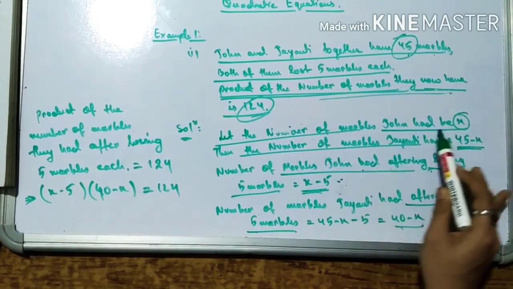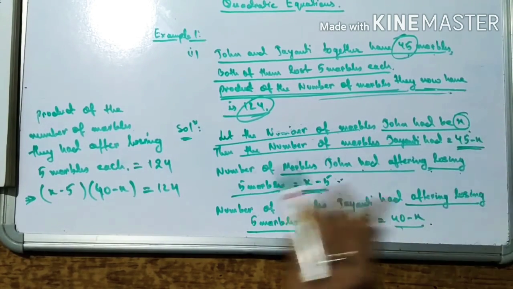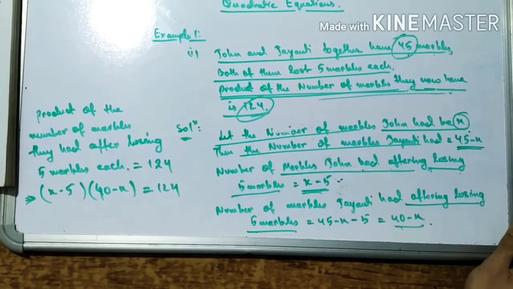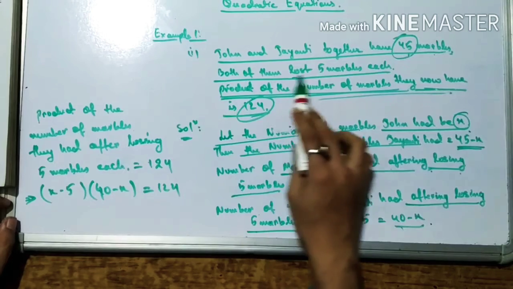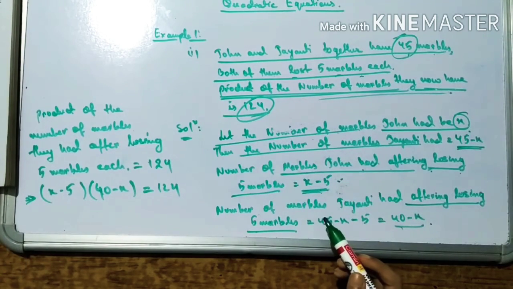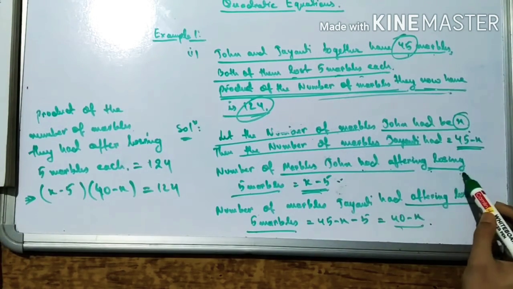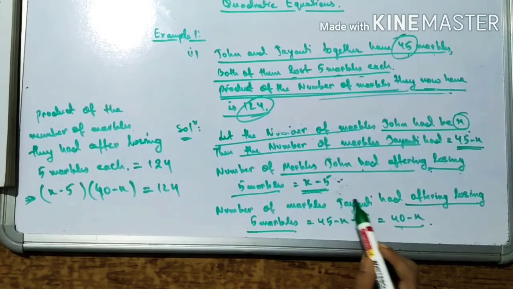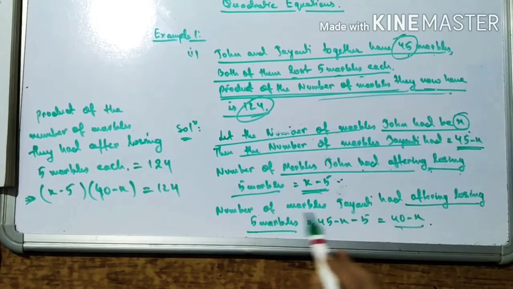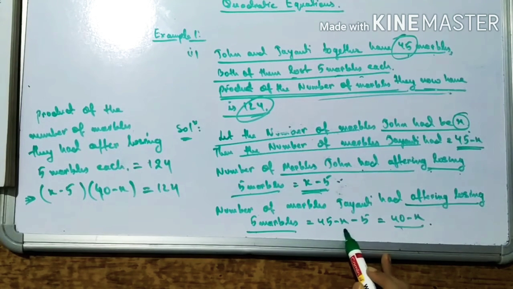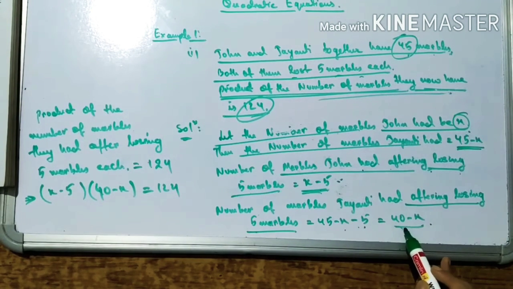Now it says both of them lost 5 marbles each. So number of marbles John had after losing 5 marbles will be x minus 5. And number of marbles Jayanti had after losing 5 marbles will be 45 minus x minus 5, which is ultimately equals to 40 minus x.